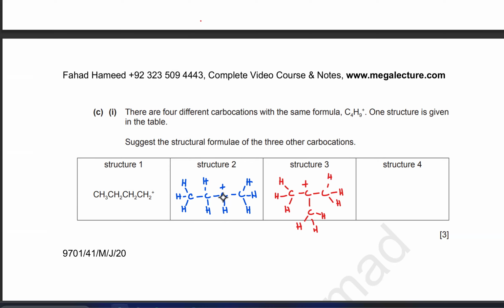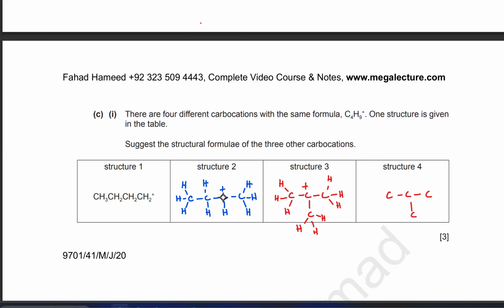And this one over here could be the carbocation, right? Or I could have a carbocation on the side, where this carbon would be losing an H. Is this clear? Yes, sir.